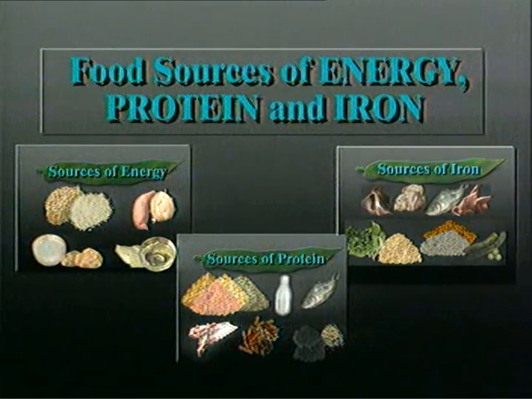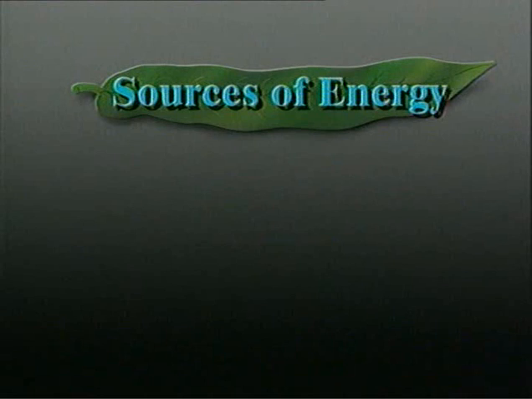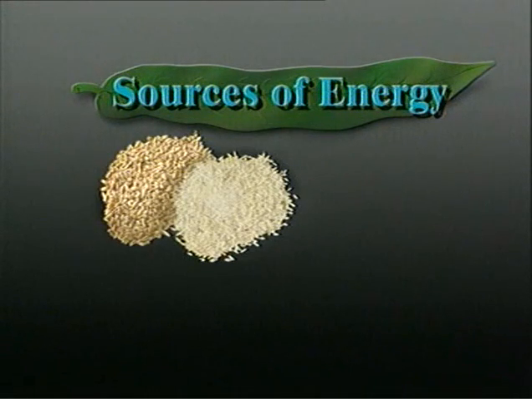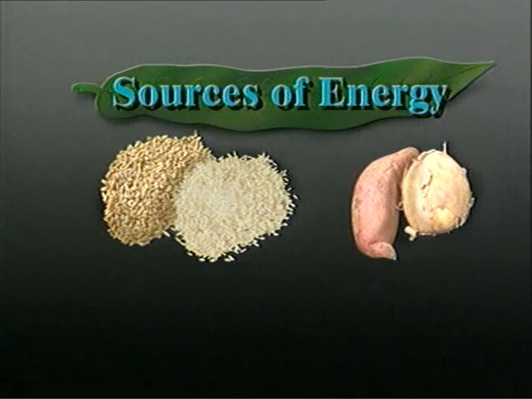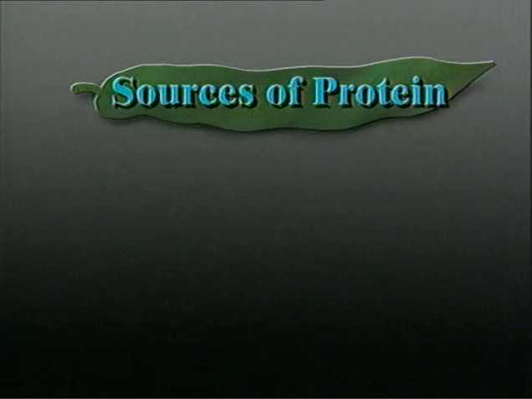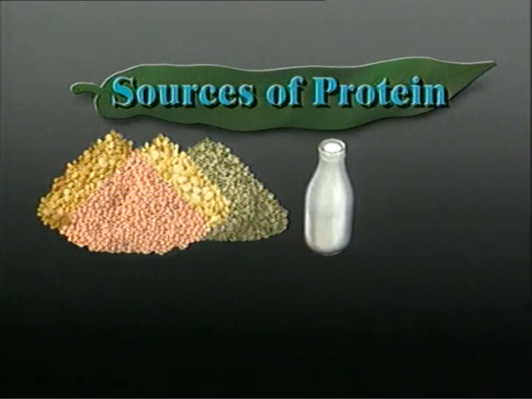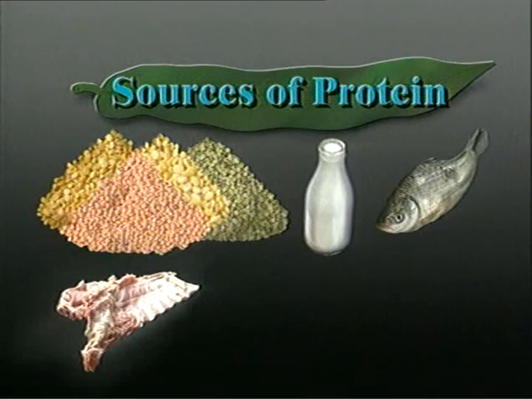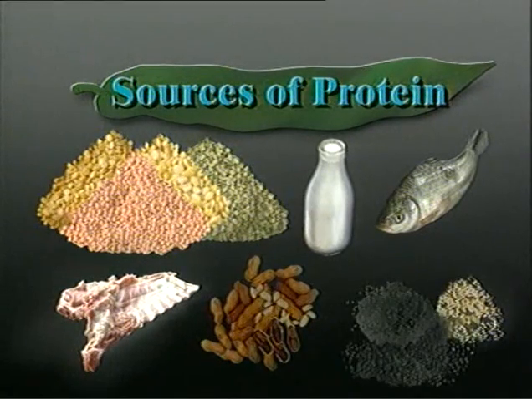This chart gives you a quick look at the major sources of energy, protein and iron. Energy first. Energy is supplied by cereals, roots and tubers, sugar, jaggery and fat. Protein is supplied by pulses, milk, fish, meat, nuts and oilseeds.